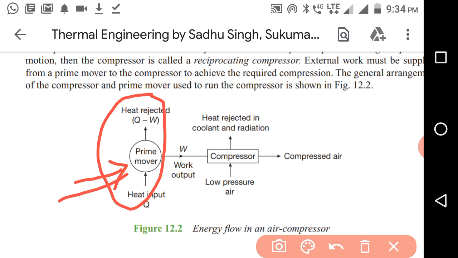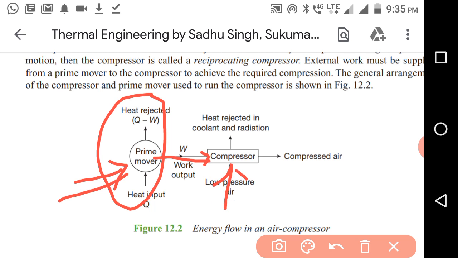From this prime mover we are supplying the work to the compressor, and the compressor will suck the low pressure air, such as atmospheric air, and that air will be compressed due to the piston movement, by creating the variation of volume inside the cylinder, and that will be supplied to the reservoir.